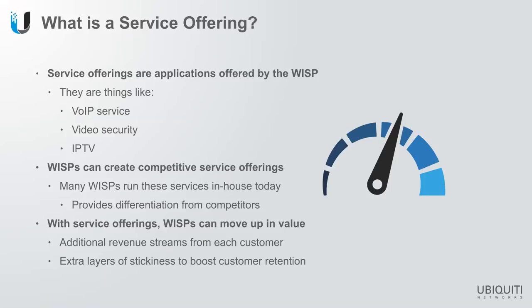So that's how I like to distinguish between applications and service offerings. I think both are really important to understand for the modern WISP, especially as you're building on a scalable foundation of things like airFiber and airMAX AC and UFiber. We want to provide you guys with the tools to have a flexible and scalable network foundation that lets you then look at these additional revenue opportunities as well.